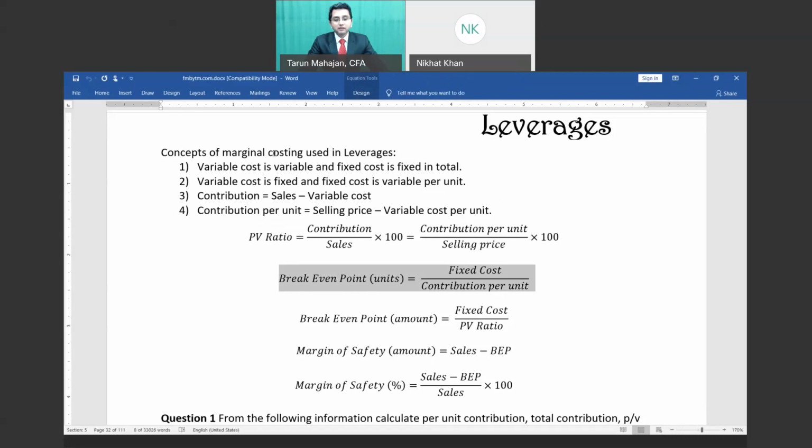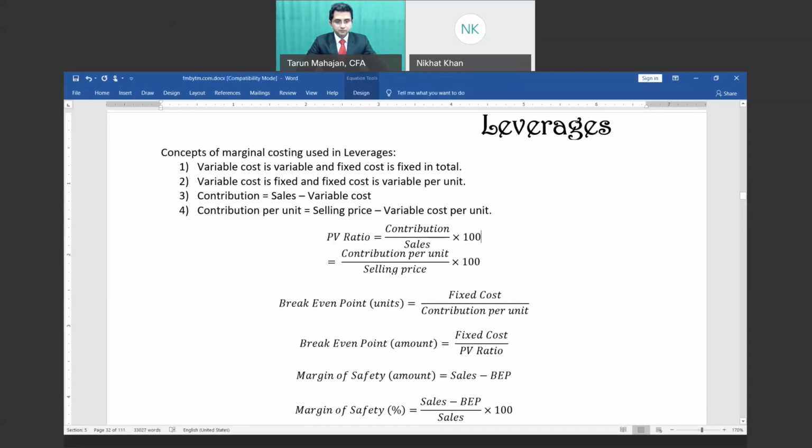How do I calculate break-even point? Look, example I'll quickly give if you wish. Say, for example, your contribution is 40,000 rupees and sales is 1 lakh rupees, and then you multiply it by 100, and it is equal to 40% PV ratio.